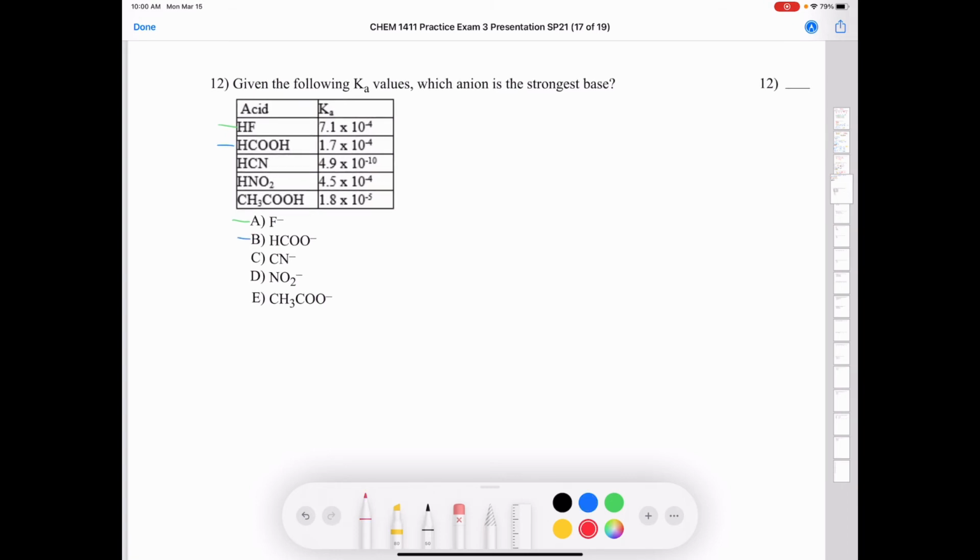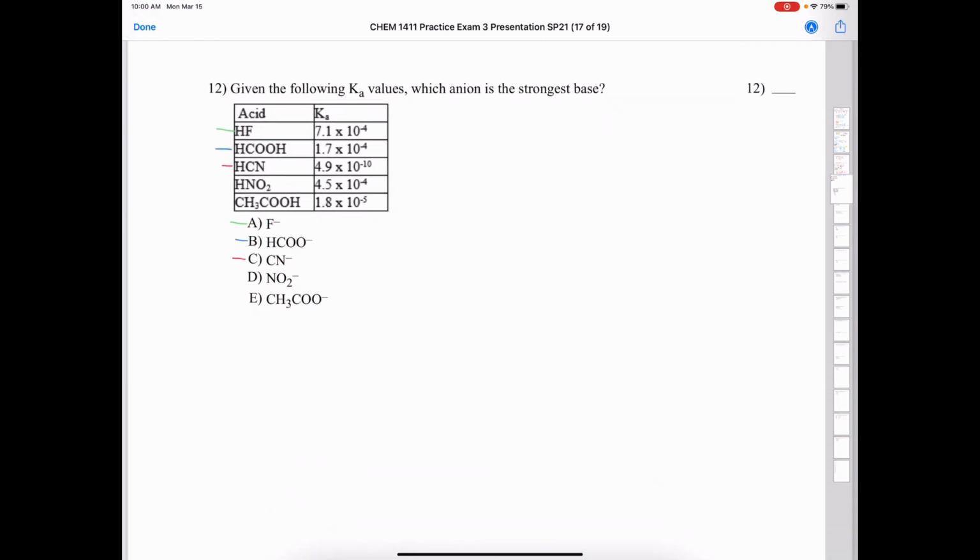Next we have hydrocyanic acid, and we have the cyanide anion here, which is the conjugate base of hydrocyanic acid. Next we have nitrous acid and the nitrite ion, which is the conjugate base of nitrous acid. And then lastly, we have acetic acid, and we have the acetate ion, which is the conjugate base.